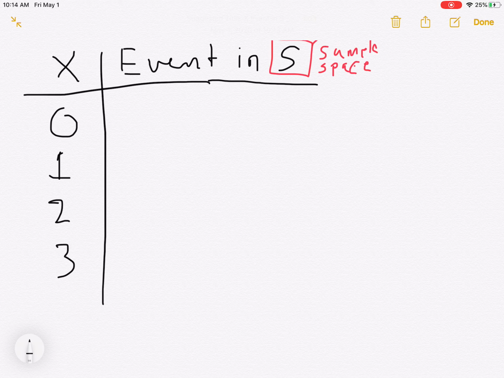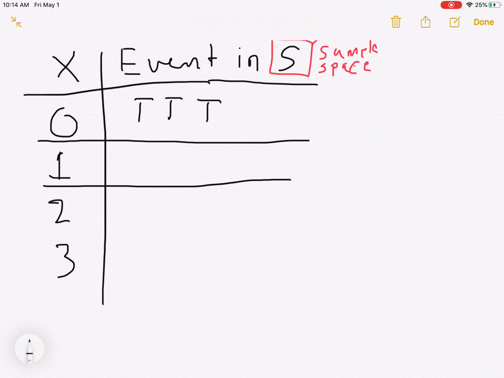And here, our event that corresponds to 0 is just going to be tails, tails, tails. That is, the first one is tails, the second one is tails, and the third one is tails. Then, for X equals 1, that can occur in more than one way.